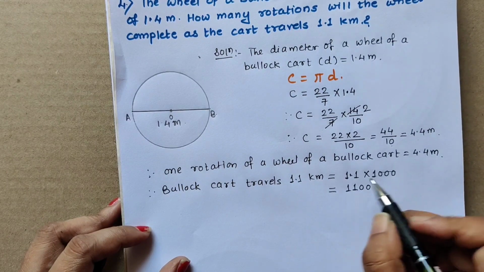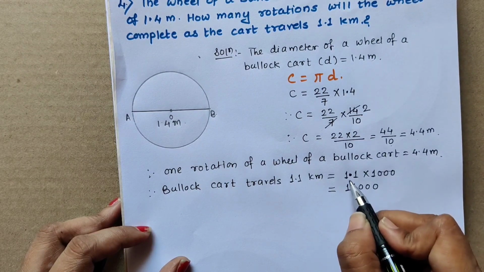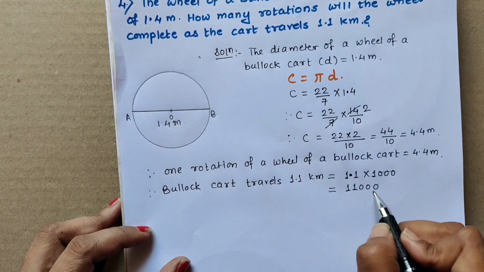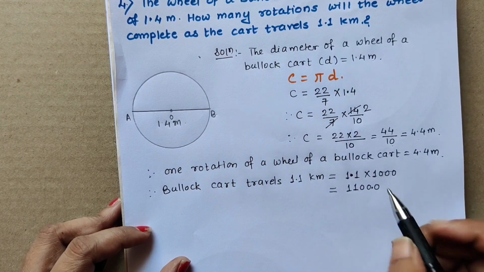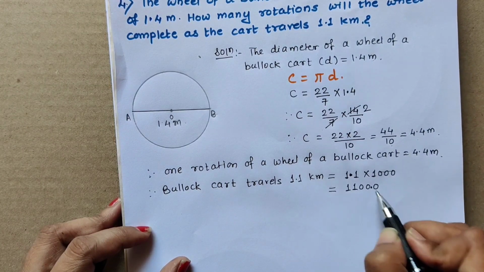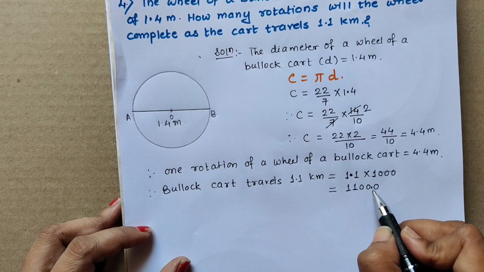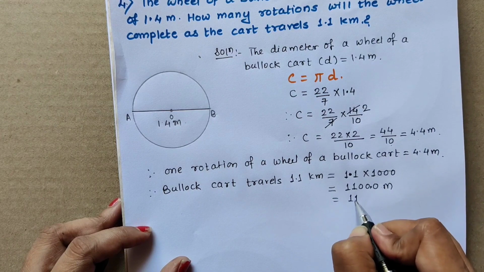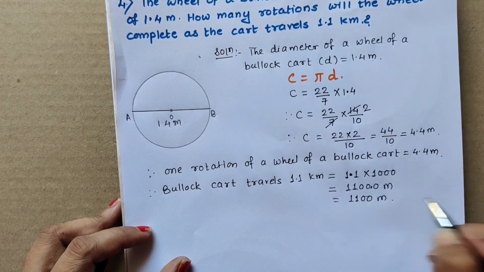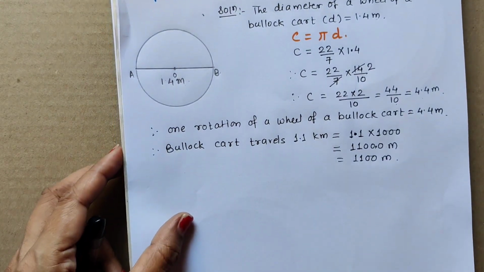But in this number 1.1 there is 1 digit after the decimal point, so we have to put the decimal point here: 1100.0 meter. So 1100 meter is the distance the bullock cart has travelled.